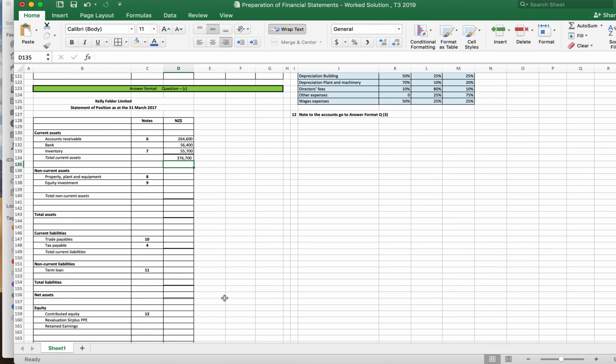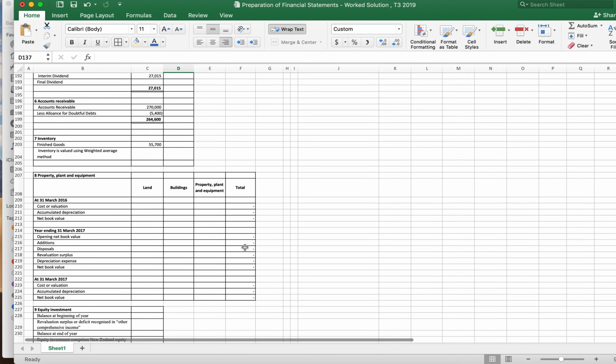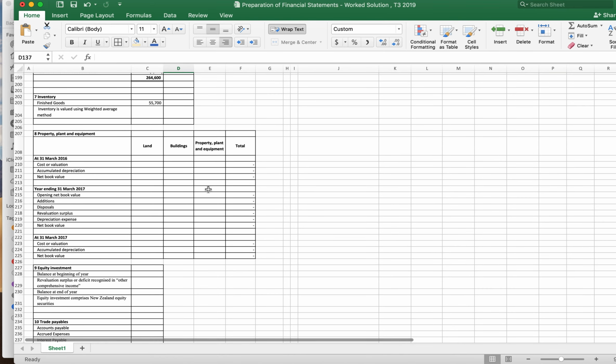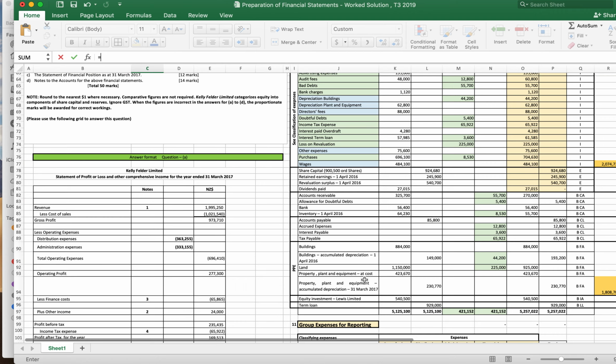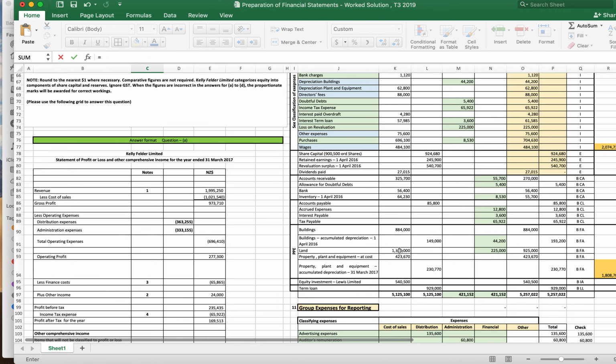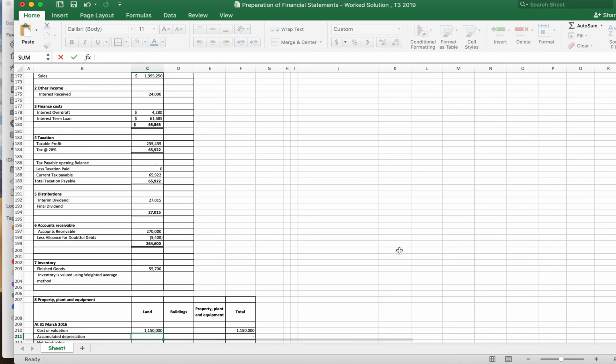There's some of those. Property and plant. Okay, what we'll do is, shall we do the note to the accounts? Okay, we might as well do this. For the cost and valuation of land, we go up to the trial balance, there's the land, and this is at the beginning.